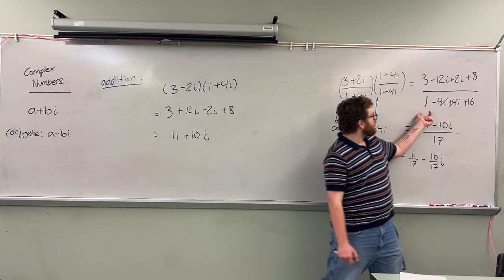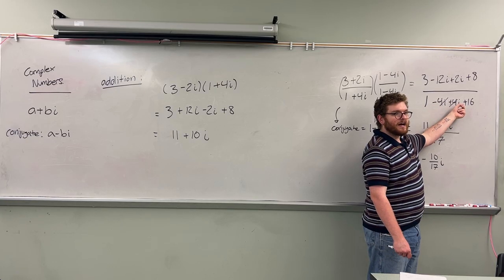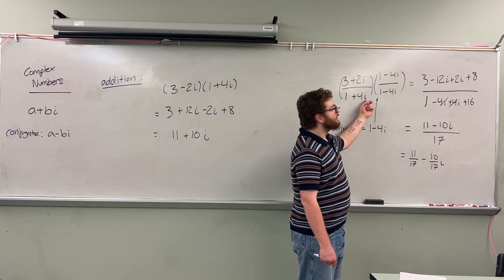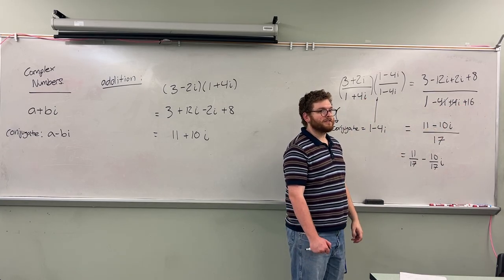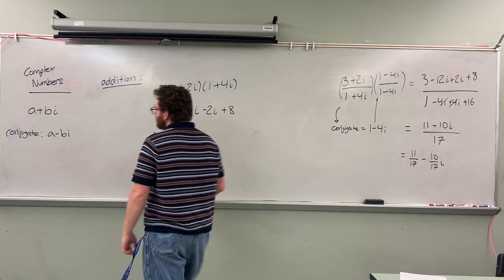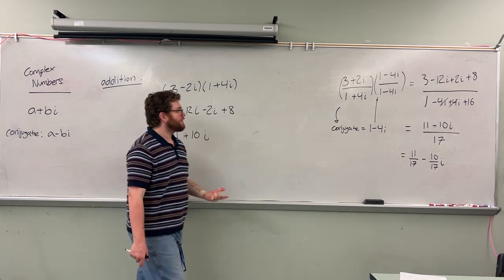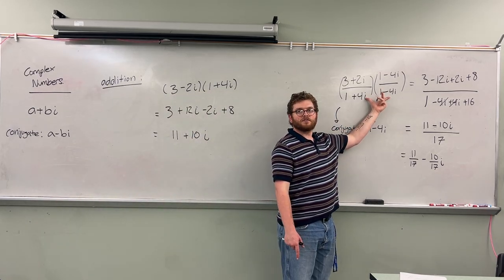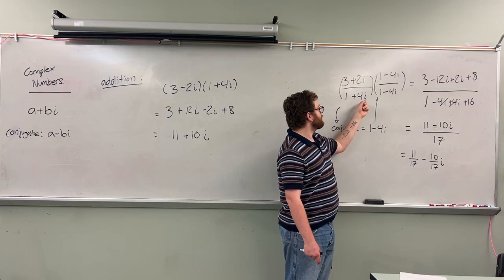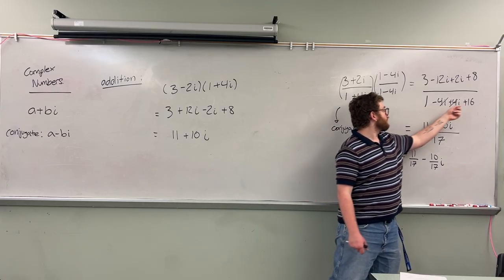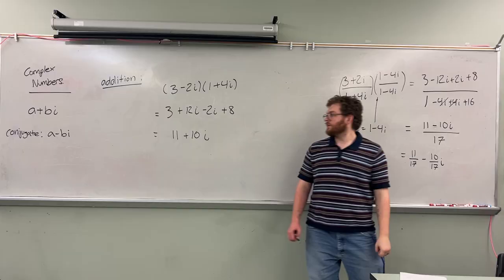What we notice on the bottom is that this complex stuff canceled out, and that's exactly why we're using the complex conjugate. I wrote earlier that the sum of squares is kind of written like this. That's exactly what I get. I get 1 squared plus 4 squared, which is 1 plus 16, 17.